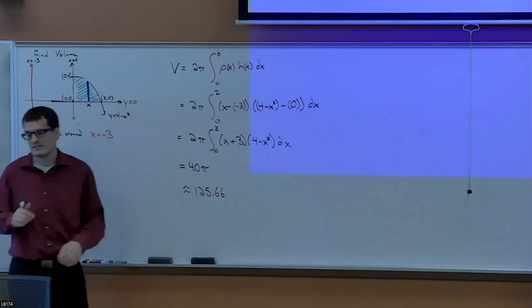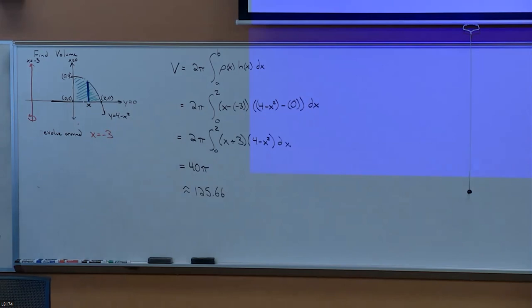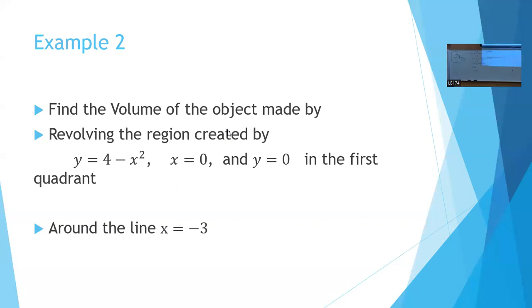So that's this example. Rotate around vertical lines. You can see that in these first two examples. Now let's rotate around a horizontal line. In particular, let's take this same region that we've dealt with in the first two examples, and let's rotate it around the x-axis.